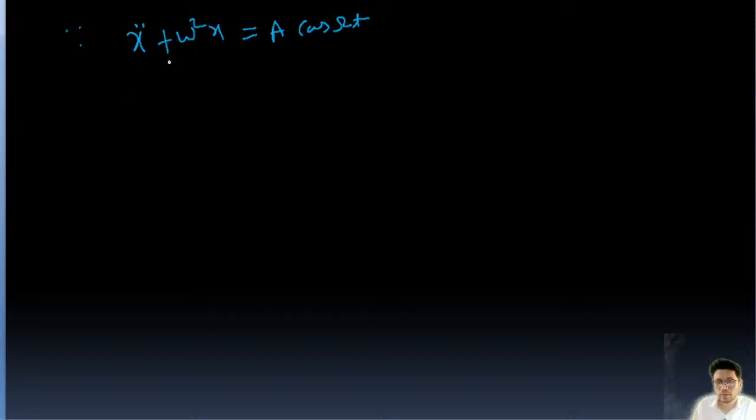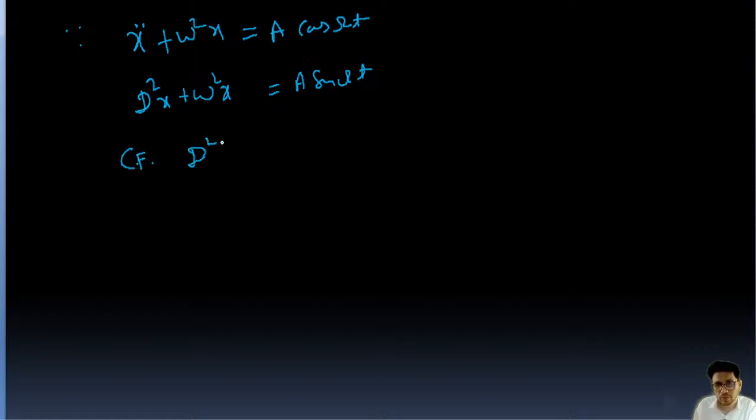So we know how to solve it, right? We can write it like this: D square x plus omega square x equal to a sine omega t. It's a second order differential equation, right? So we'll find the CF, the complementary function.